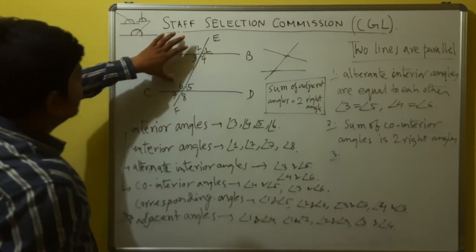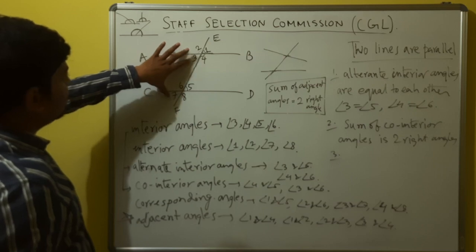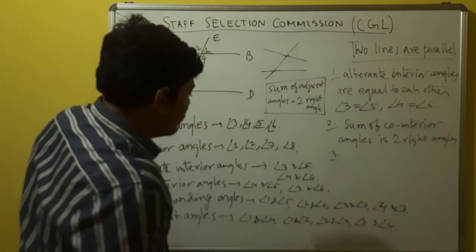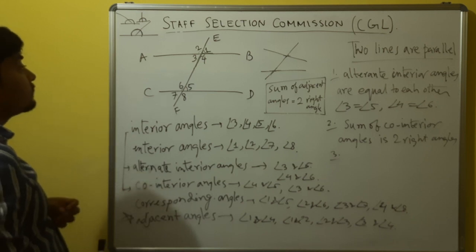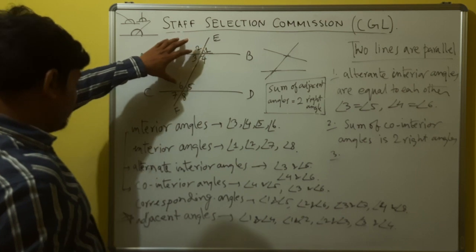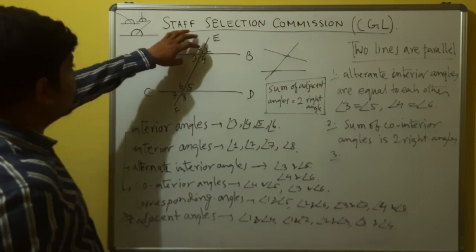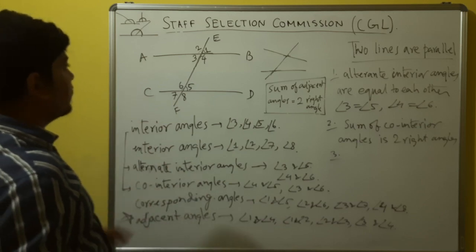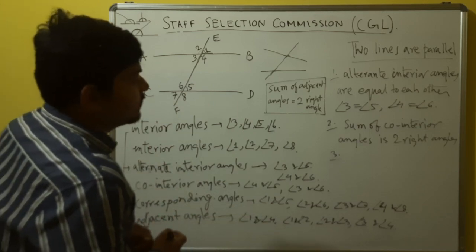Then 3, interior, and 7, exterior: 3, 7. 4, 8. So corresponding angles are 1, 5. Corresponding angles are also equal to each other.